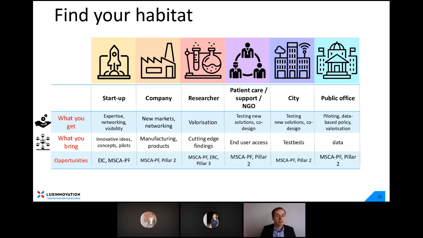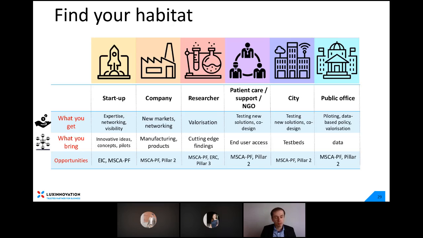In the end, the only way to really do this is to actively involve all the end users and all the necessary stakeholders along the value chain. And there are two elements to this. You yourself will obviously know in which category you fall, but there are different things you can get out of these programs, and different things that you can give to these programs.